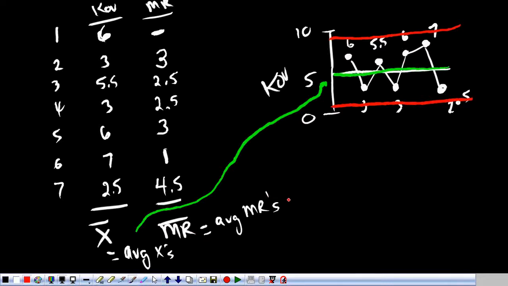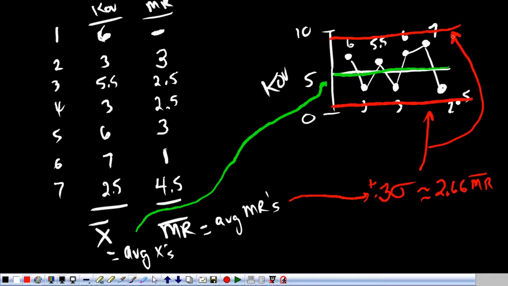This is a little bit of a sidebar, and it goes to this. It turns out that 3 sigma is roughly equal to, put the plus or minus, 2.66 MR bar. Okay? So 2.66 MR bar estimates plus or minus 3 sigma, and that goes here and here.